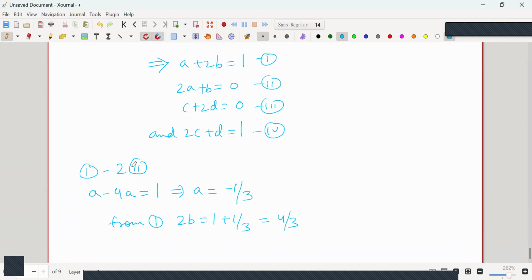There is some issue, I think. It's not satisfying second one. So we have committed some mistake. So 1 minus 2 times second, that is a minus 4a, and that is 0. So minus 3a is 1. So a is minus 1 by 3.